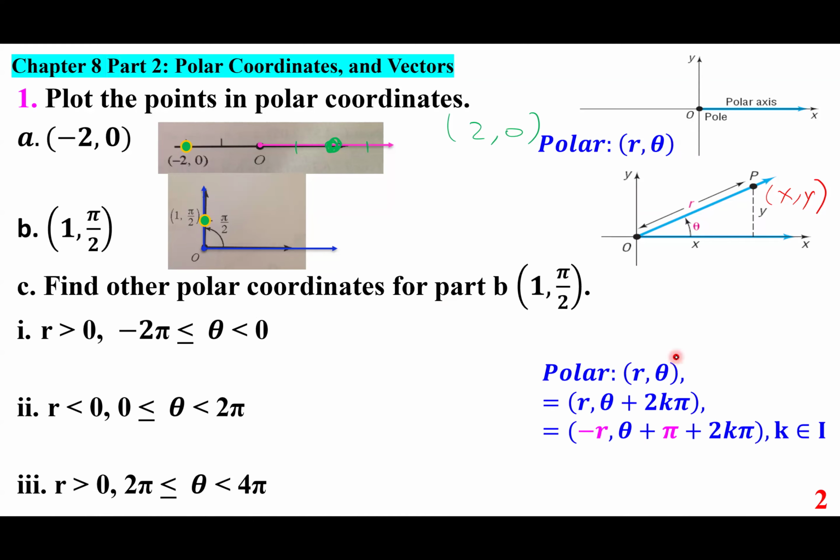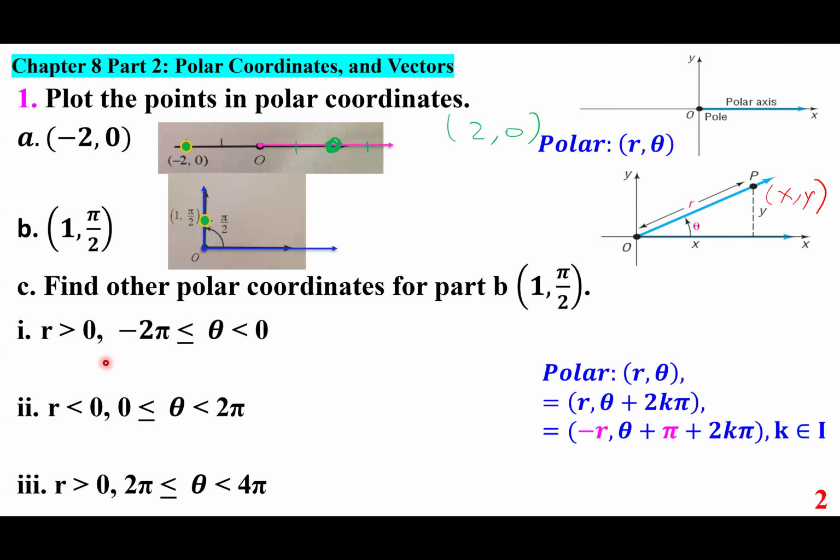R comma theta, we have infinitely many ways of representing that. So r comma theta plus 2k pi, meaning you can go a complete revolution or multiples of that. Or if you want r to be negative, you can add odd multiples of pi. So this is pi plus 2k pi. That means 2k plus 1 times pi, where k is an integer.